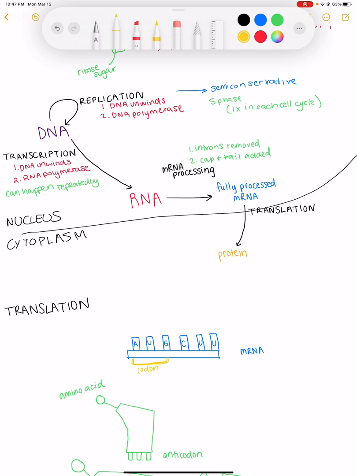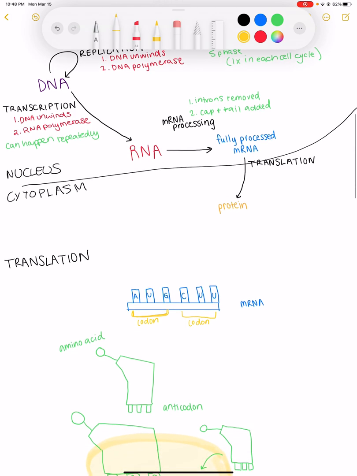So a codon is a set of 3 nucleotides on a messenger RNA strand. So we have one codon here, and then this is also a codon. So these codons code for specific amino acids. There's a big chart that we talked about in your PowerPoints that you could refer to, but essentially each of these codons will correspond to a specific amino acid that we want to make.